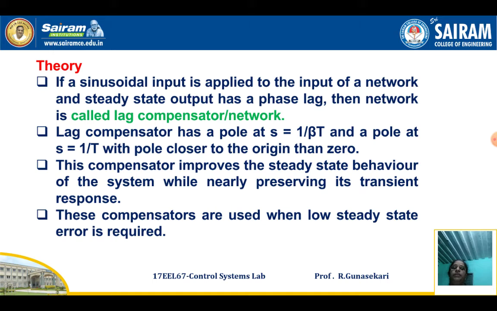This is the difference between lead and lag. Lead compensator means phase lead, but lag compensator means phase lag only. The lag compensator has a pole at s equal to 1 by beta T, but in the lead network it is 1 by alpha T, and a zero at s equal to 1 by T, with the pole closer to the origin than the zero. In the lead network, the zero is closer to the origin than the pole, just the reverse.